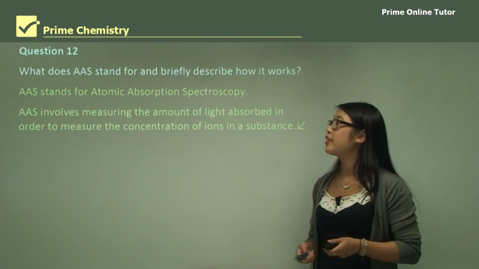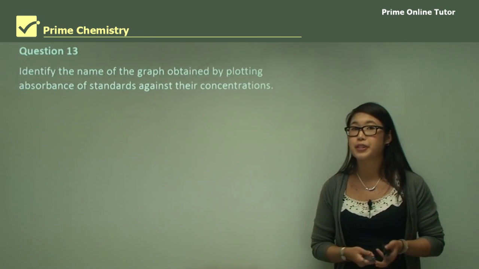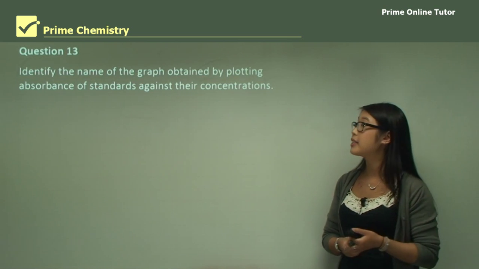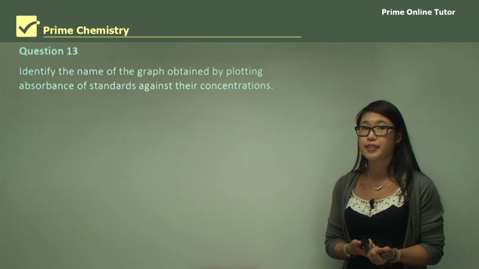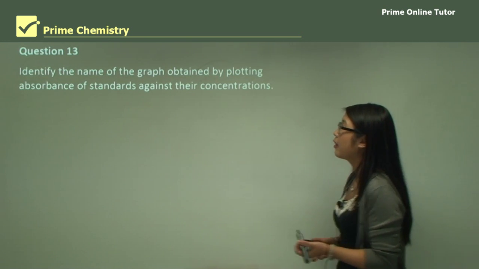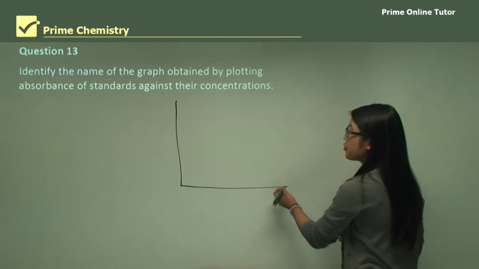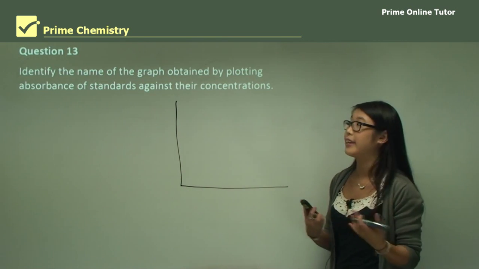Next, we have question 13. So make sure we identify the name of the graph obtained by plotting the absorbance against the concentrations of standards. So here we have a graph usually that we produce at the beginning of analyzing a sample with AAS.